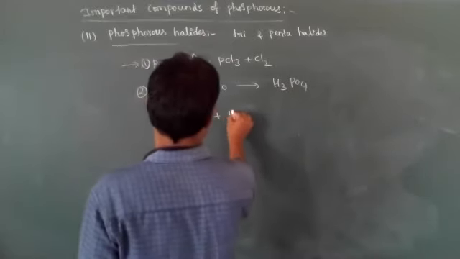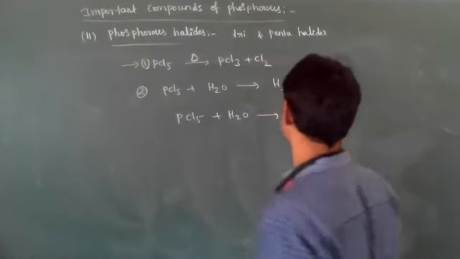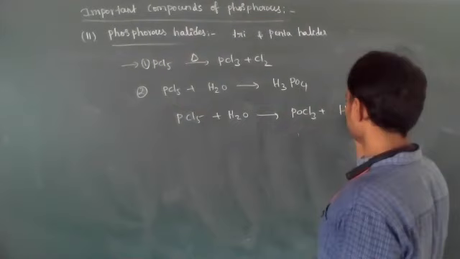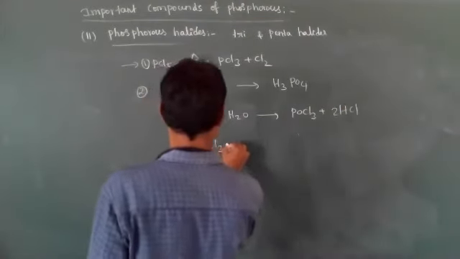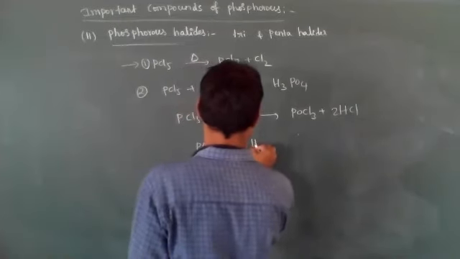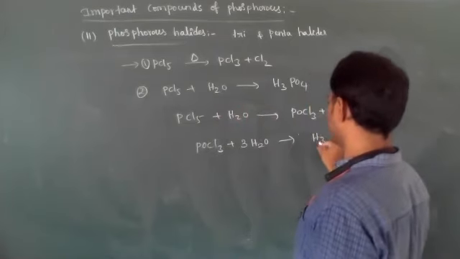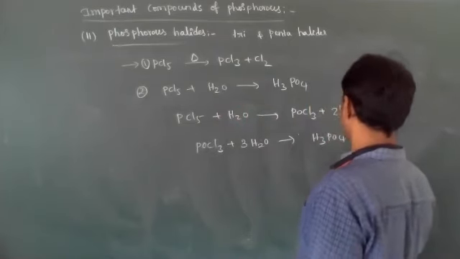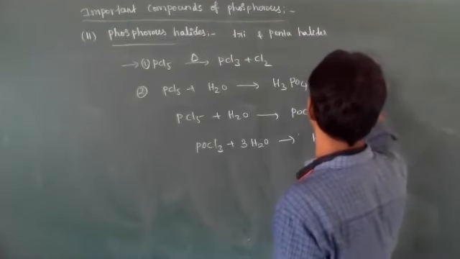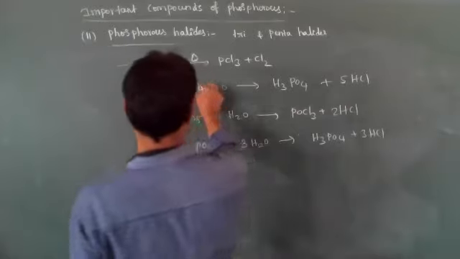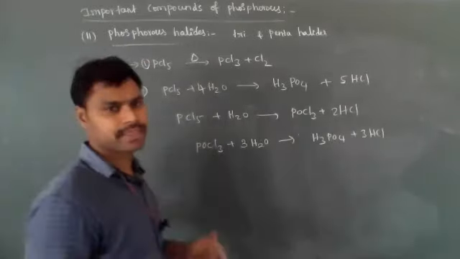PCl5 reacts with 1 mole of water to form POCl3 plus 2HCl. Then this POCl3, phosphoryl chloride, reacts with 3 moles of H2O to form H3PO4 plus 3HCl. So in total 5 HCl form, and 4 moles of water are required. This is about the hydrolysis of PCl5.